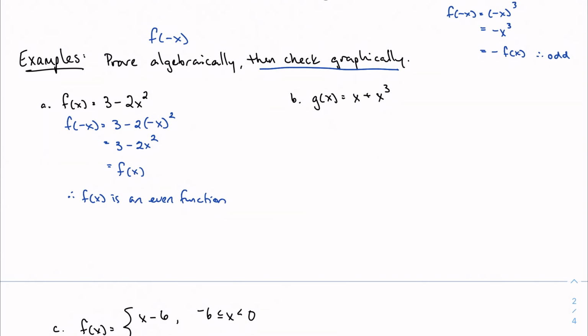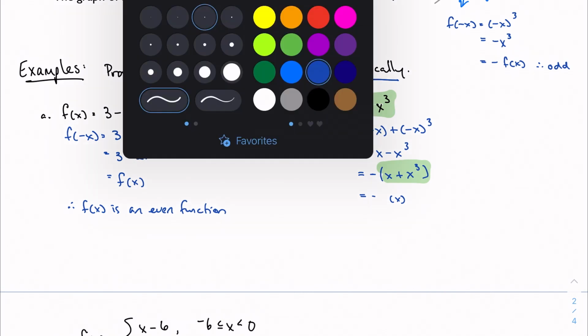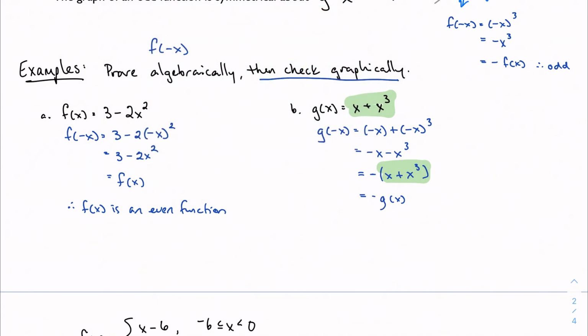Same idea with g of x. If I evaluate negative x, I'm just going to start by plugging that in everywhere. I'm going to get negative x minus x cubed. And especially while you're getting in the habit, and I'm sure IB would want to see this step too, show me explicitly that I really do have negative g of x, to use the proper names here.